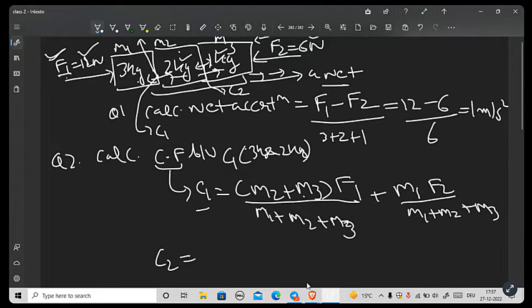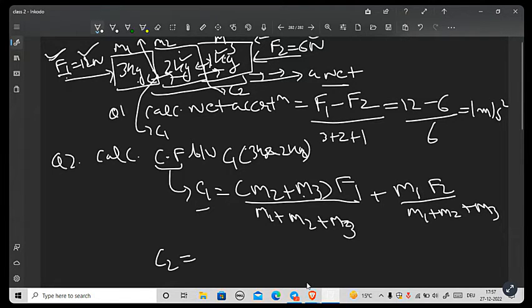This force is responsible for pulling both M2 and M1 towards the right side.